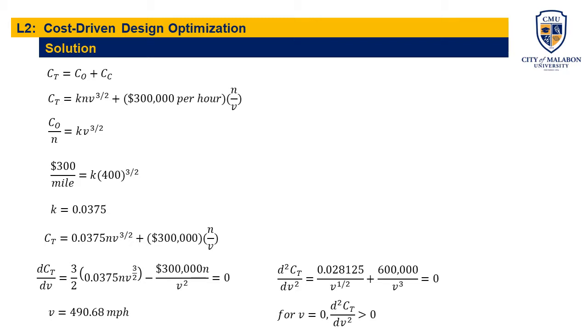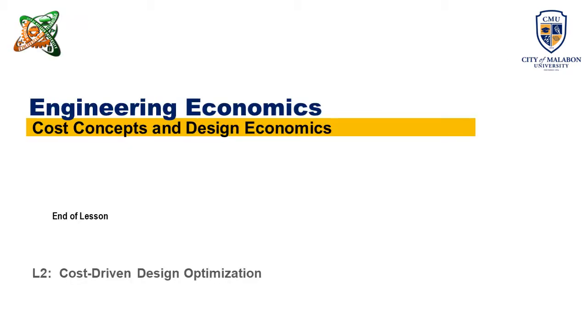So with that, to summarize our presentation, again, engineering design is an economically driven art. As illustrated in our example, we can minimize the cost of an airplane flight by understanding the behavior of costs of operating this aircraft.